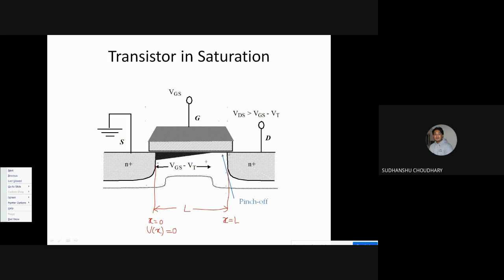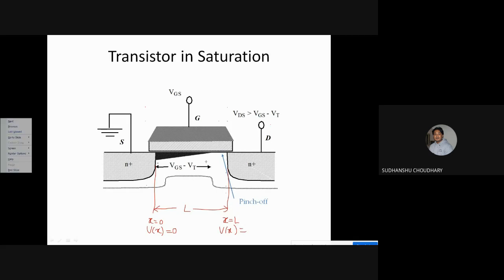And the channel potential at the drain side, that is at x equal to L, is Vx equal to whatever you apply here. Let us say I apply VDS, or VD. So the channel potential at x equal to L, on the drain side, is VD. And on the source side, at x equal to 0, it is 0. And in between, it changes.